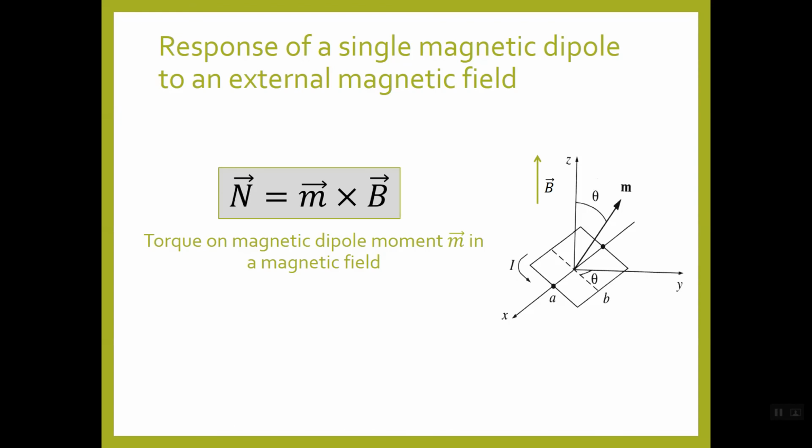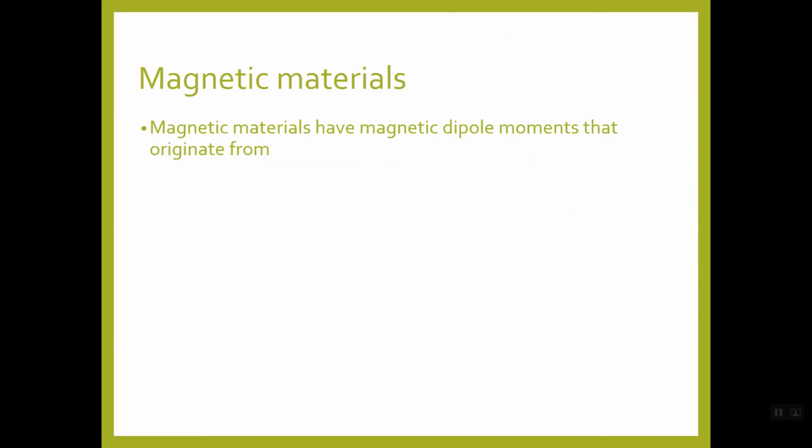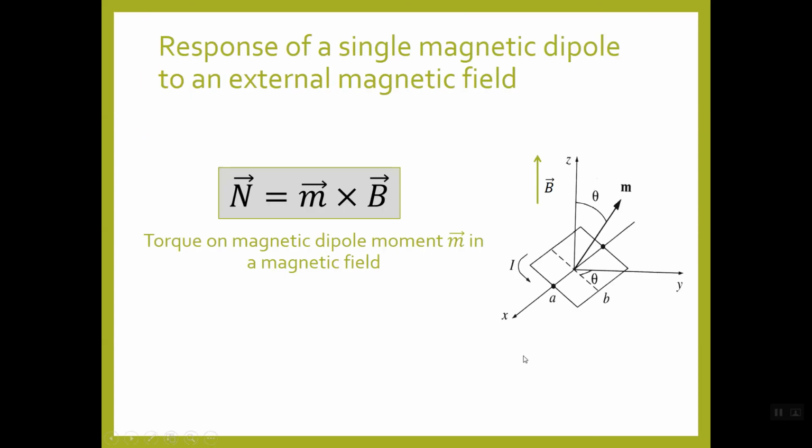The torque was equal to p, the electric dipole moment, cross E. Here we have m cross B. So we see that the magnetic dipole moment wants to line up with the B field. So we have these magnetic dipole moments in magnetic materials, and if we place them in a magnetic field, they want to line up.